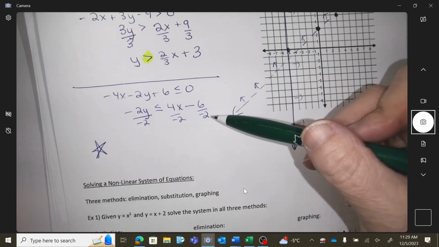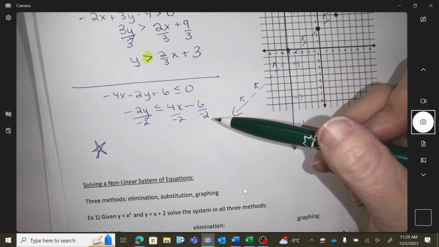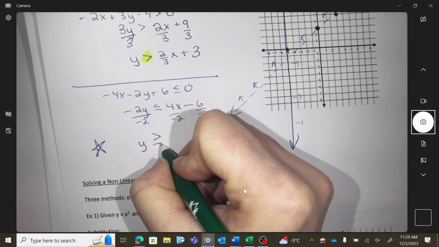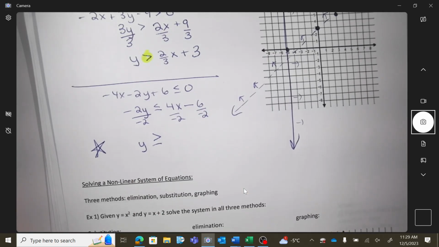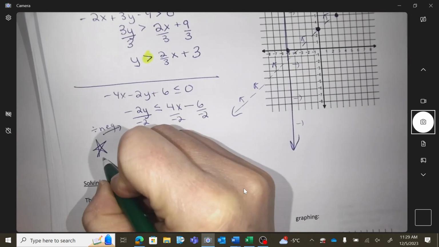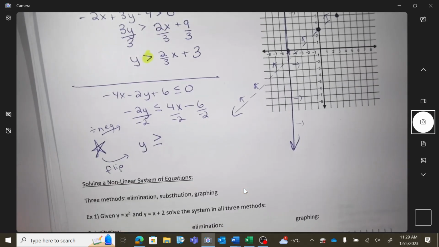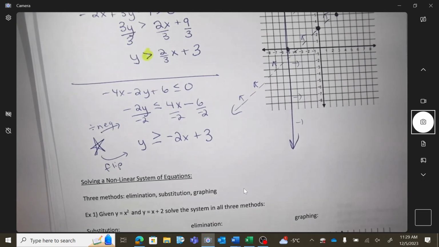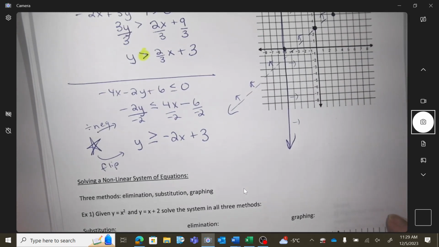If in math you divide by a negative or times by a negative, does anybody remember? Flips the sign over. Okay, so maybe you want to put a star there to remember that. That would probably be on a test, I'm guessing. So that in math, when you divide by a negative, the sign flips around. Okay, so that's just algebra stuff.